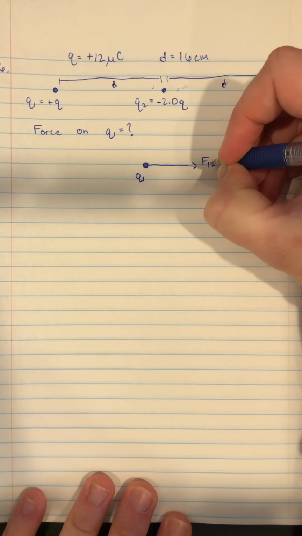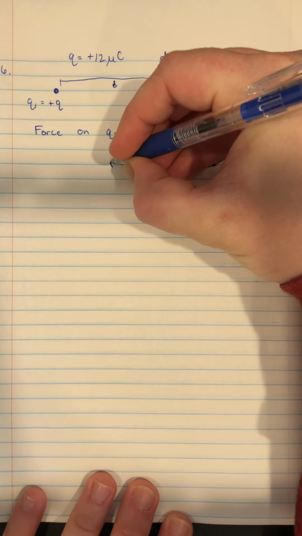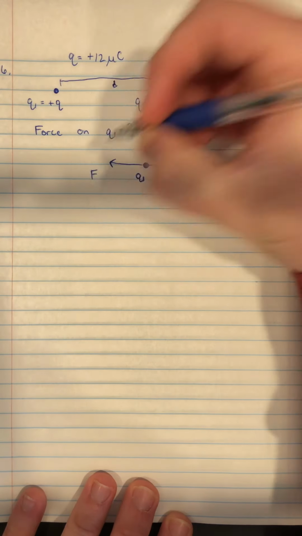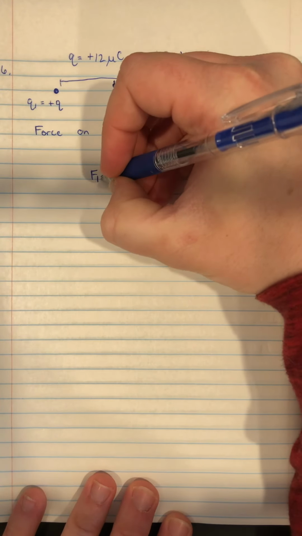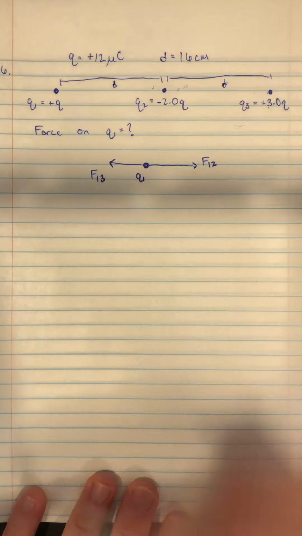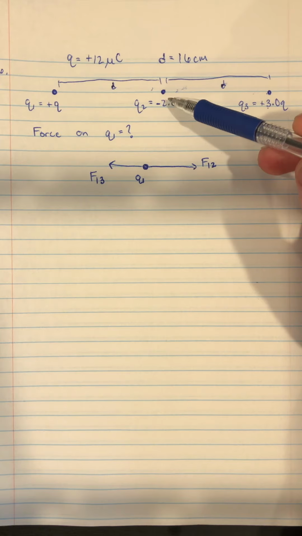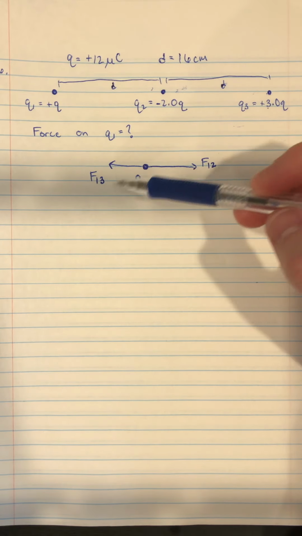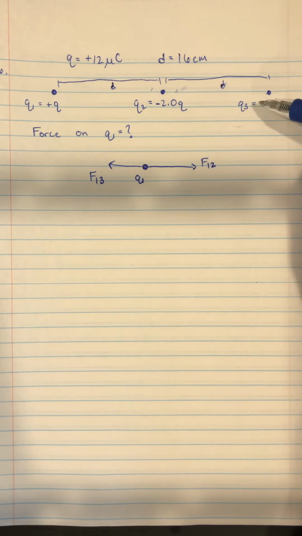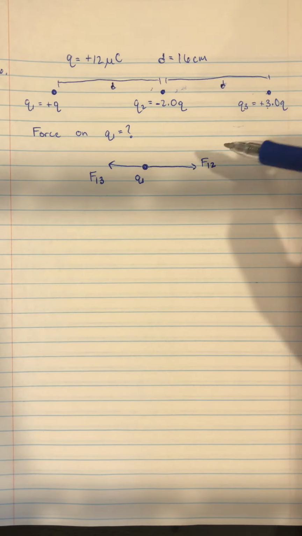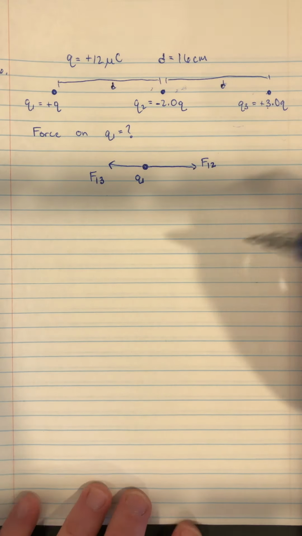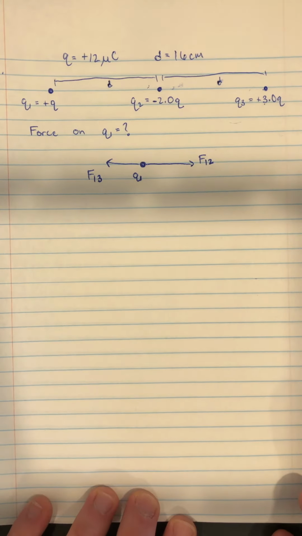Here we have Q3, which is positive. Positive and positive, that's going to be repulsive. So we should get a force this way from charge 1 because of charge 3. So F12, the force from Q2, is going to be to the right. F13, the force from Q3, is going to be to the left.